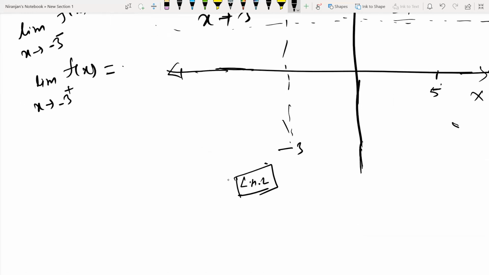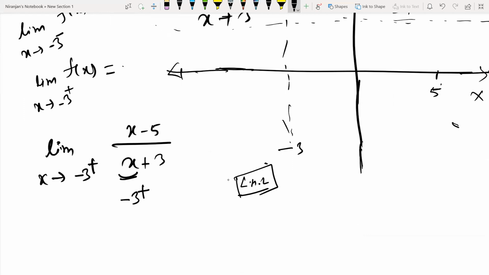Guys, wait. See here. When you calculate the limit x tends to -3 plus, your function is x minus 5 upon x plus 3. What exactly are you doing? You're putting -3 plus here, so x plus 3 is a small positive value. Here you are somewhere on this side, at -2.99999 something.